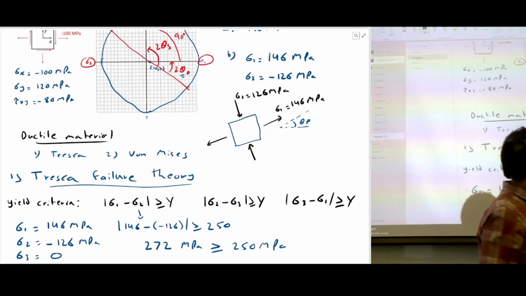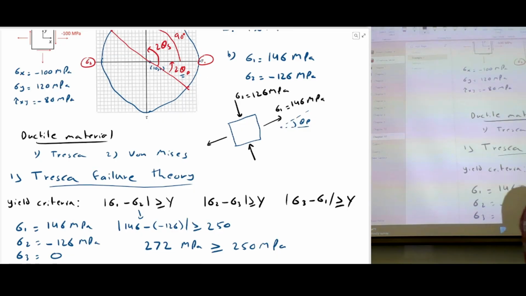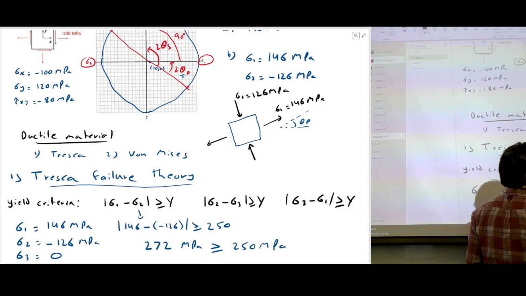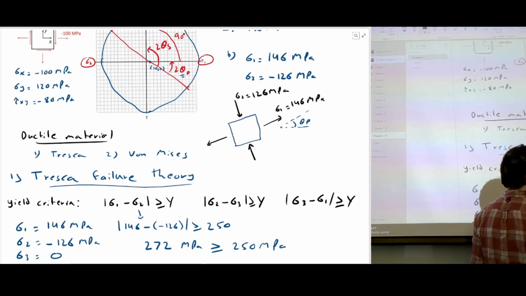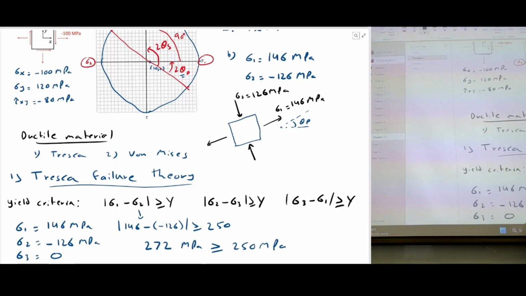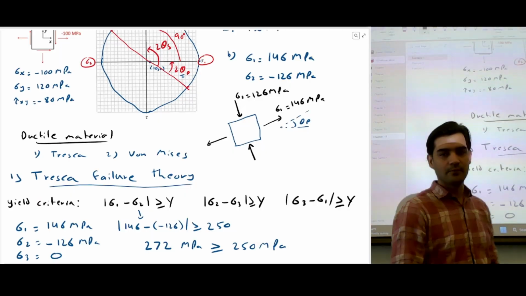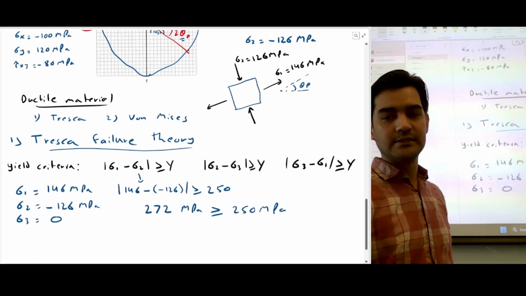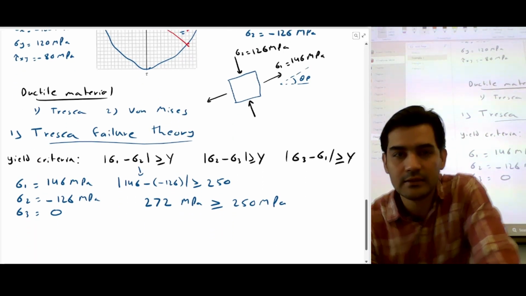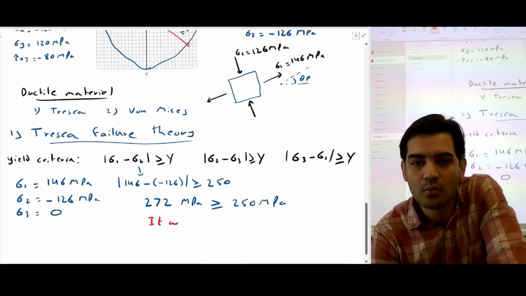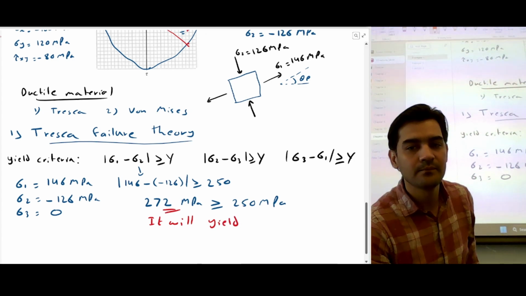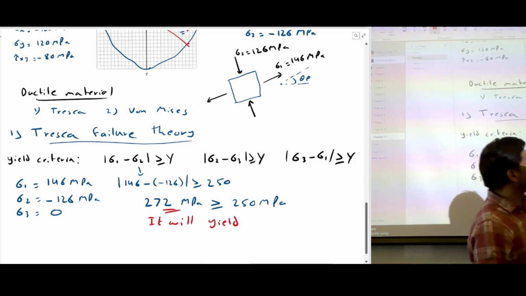You can do this for the other two as well, but we can see that 272, our combined stress, this maximum shear stress, is higher than the yield. So this theory says that it will yield, because our stress is higher than the yield.